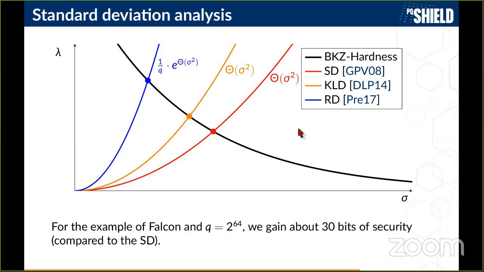And a few years ago, I did an analysis with the Renyi divergence, and it gives us something different. It gives us the blue curve, and it tells us that sigma is equal to 1 over q times the exponential of theta of sigma squared.